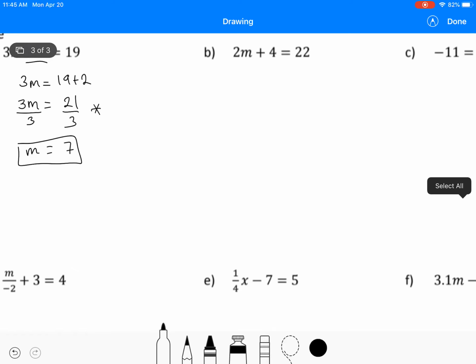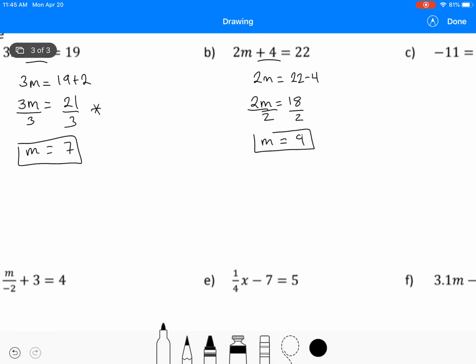The next one here, same thing. We have 2m plus 4 equals 22. Starting with that plus 4, we'll move that to the other side, or 22 minus 4. So 2m has to be equal to 18. Now we can divide by that 2, and we'll get m is equal to 9.